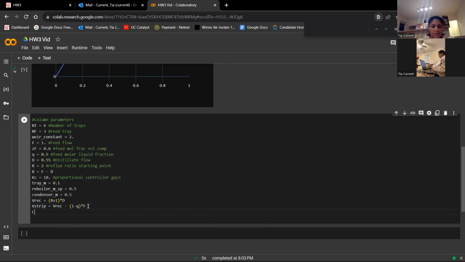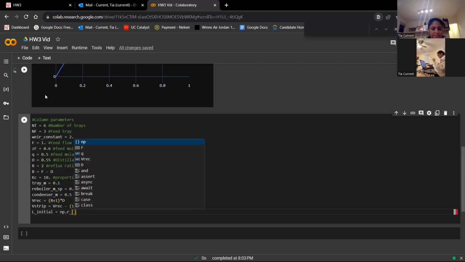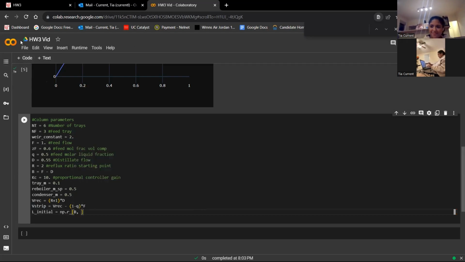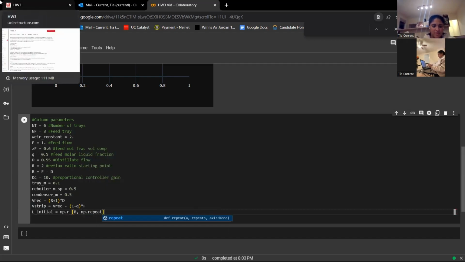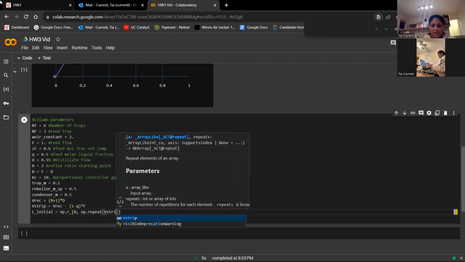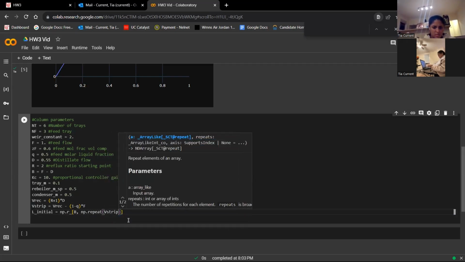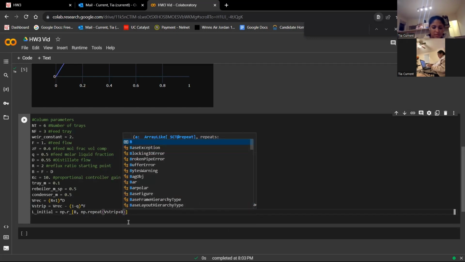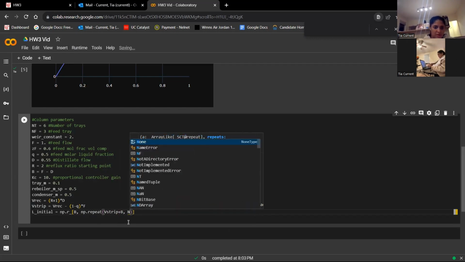And my L_initial is equal to np.array, open brackets, and then B as in bottoms, np.repeat. Want my vapor of the stripping section. That's the bottoms. My feed tray.